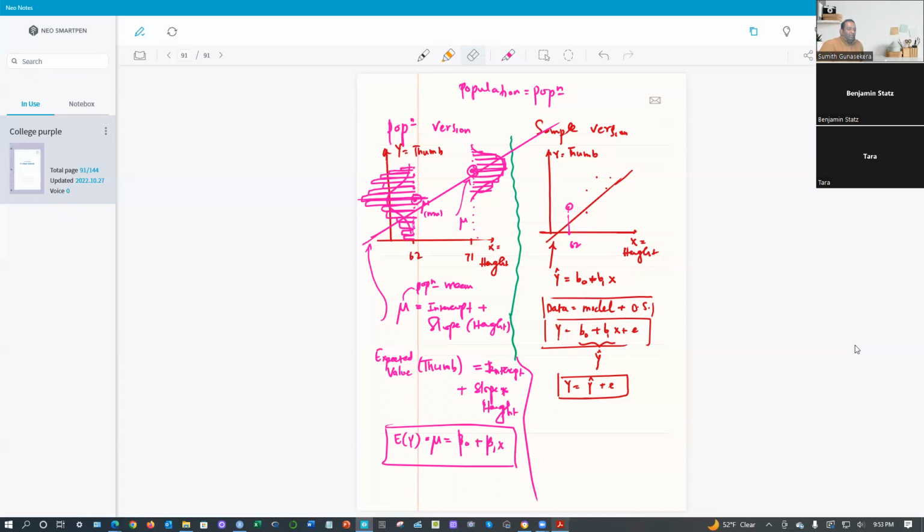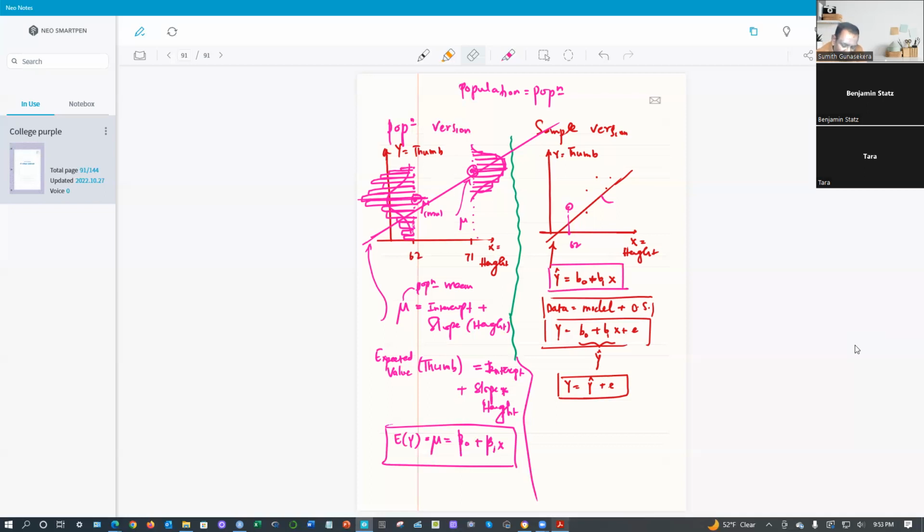You can say EY, expected value, or mu equals beta naught plus beta 1 x. That part, EY only.